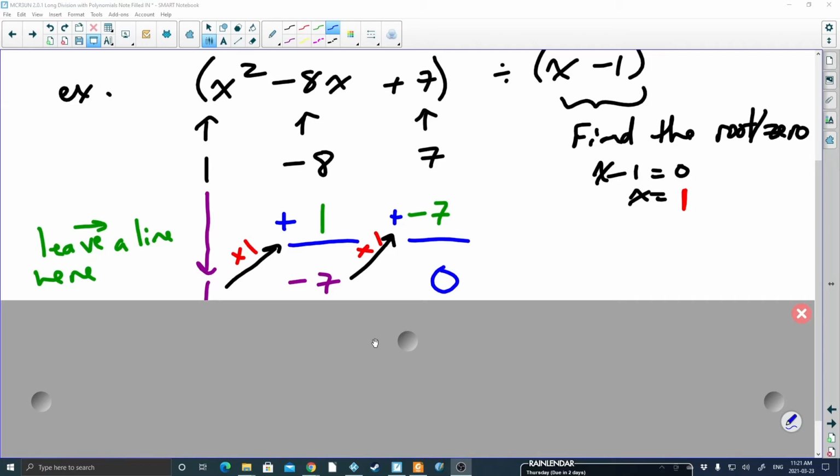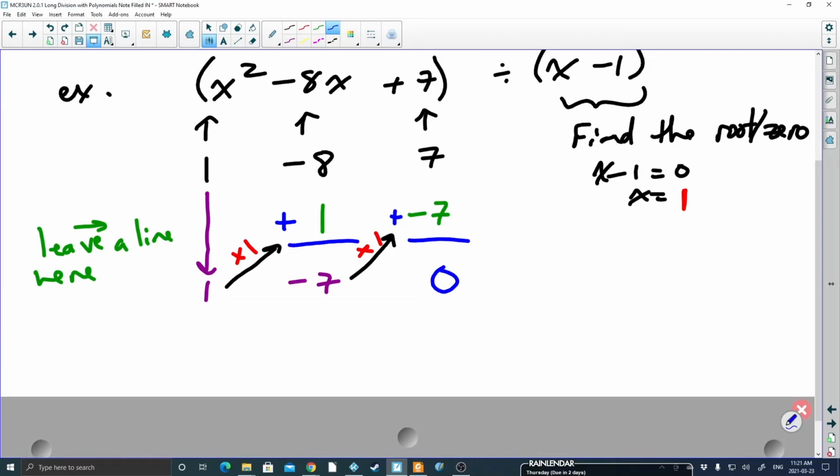Well, what it gives us is these two numbers, the 1 and the negative 7, are the coefficients of the variables that we would get if we divided x squared by x and x by itself, basically.